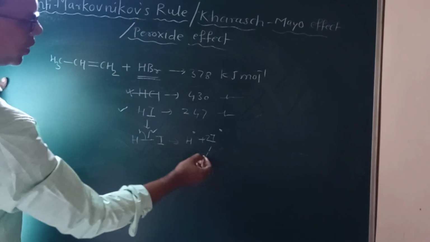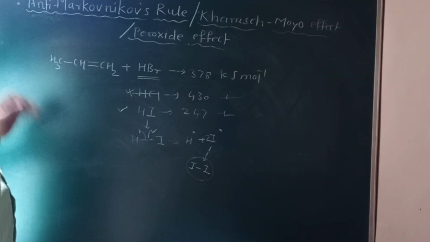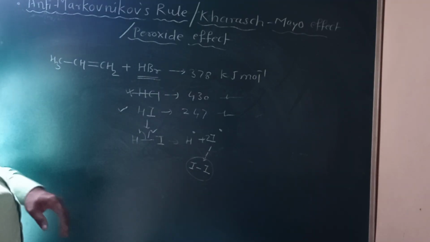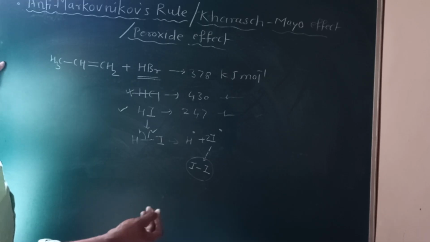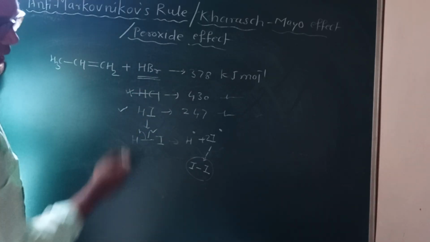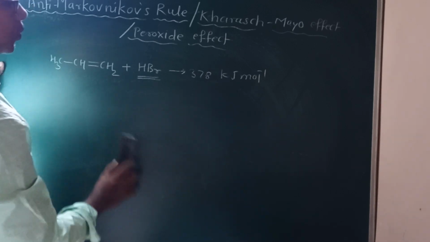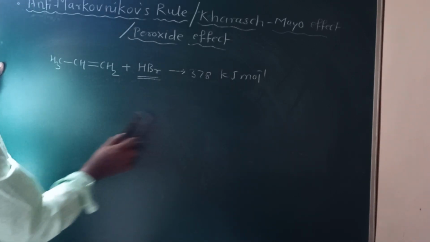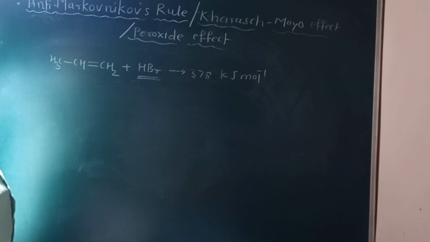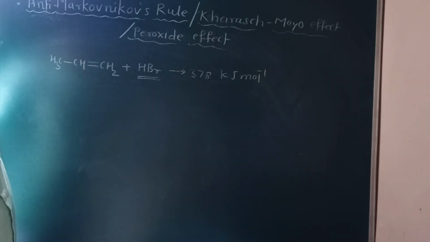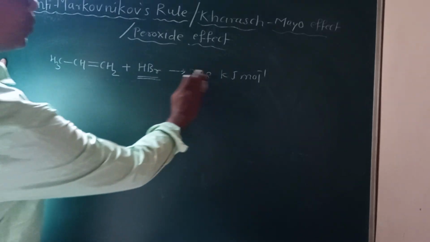Meaning, the iodine radical is not available for the reaction when we use HI as an unsymmetrical reagent. So what is left? It is HBr. That's why AMR, anti-Markovnikov's rule, is shown by only HBr. So you may find one question in MCQ: which among the following hydrogen halides follows the AMR rule? It is only HBr, hydrogen bromide.